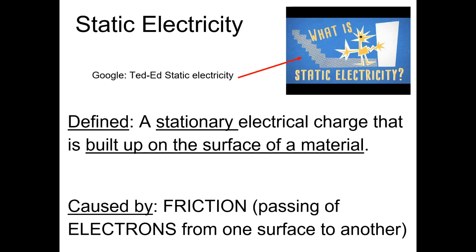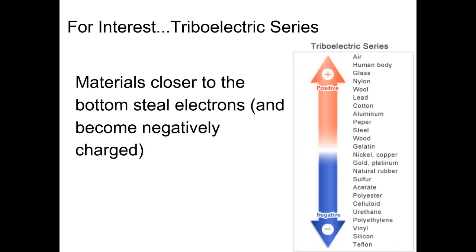It's under 4 minutes. It goes into a little more detail about what causes static electricity and how charges are built up. Okay, just for interest, there's this thing out there called the triboelectric series that just has a look at the willingness of a material to either gain or give off electrons.